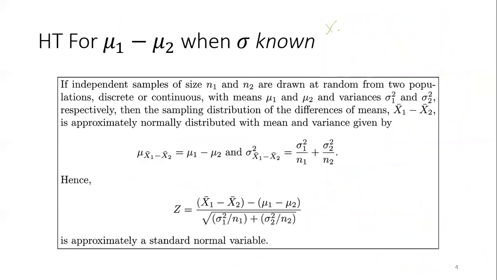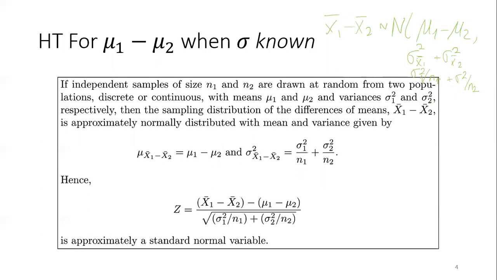So x1 bar minus x2 bar is normally distributed with mean mu1 minus mu2, and its variance is sigma x1 bar squared plus sigma x2 bar squared, which is in fact equal to sigma 1 square divided by n1 plus sigma 2 square divided by n2.